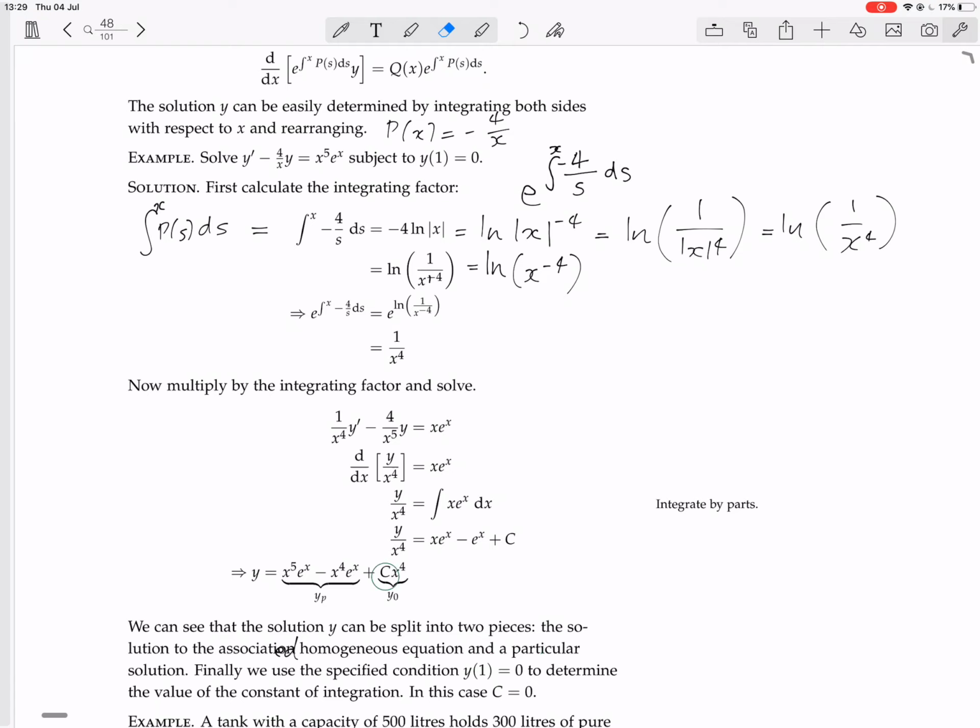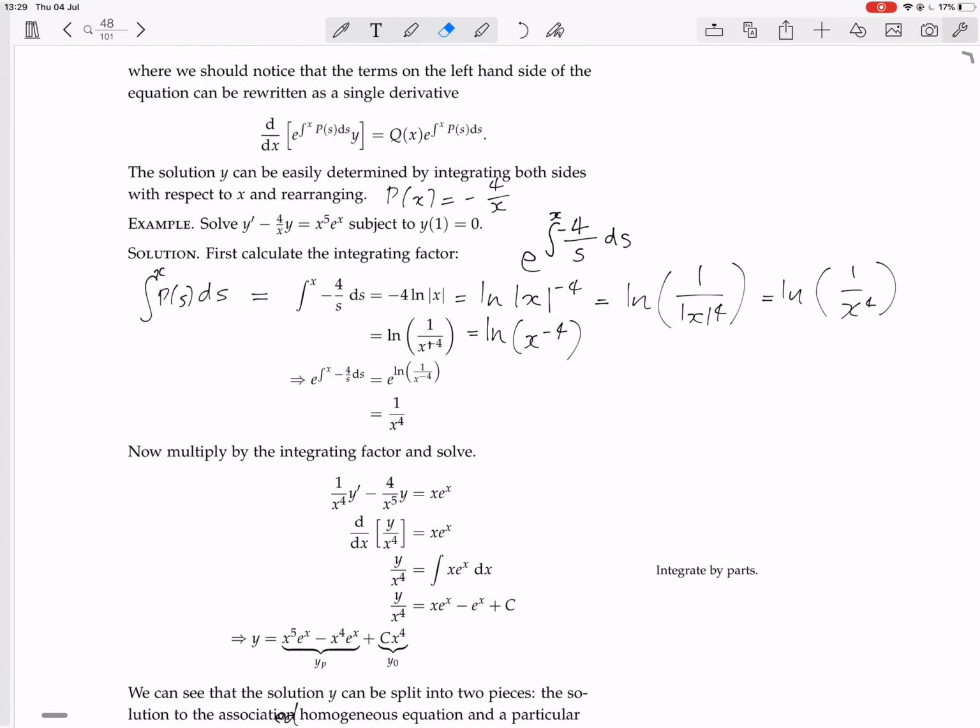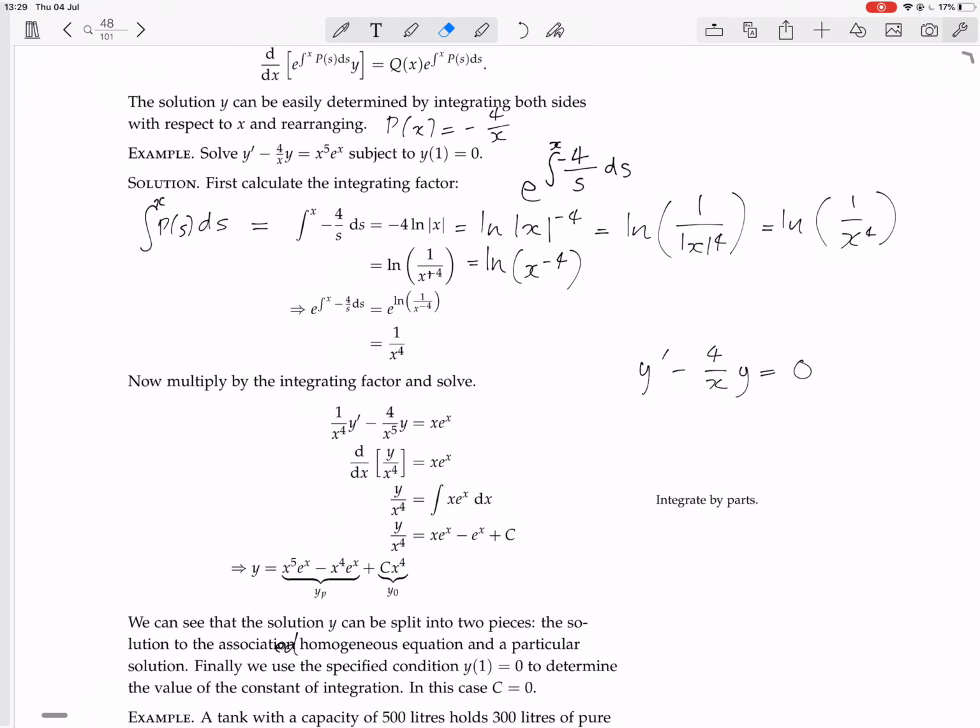You can tell this is the homogeneous bit because it's multiplied by a constant. The homogeneous equation is first order, so it'll have just one constant in it. It'll be one-dimensional. That's the homogeneous equation. And then this part is a particular solution.